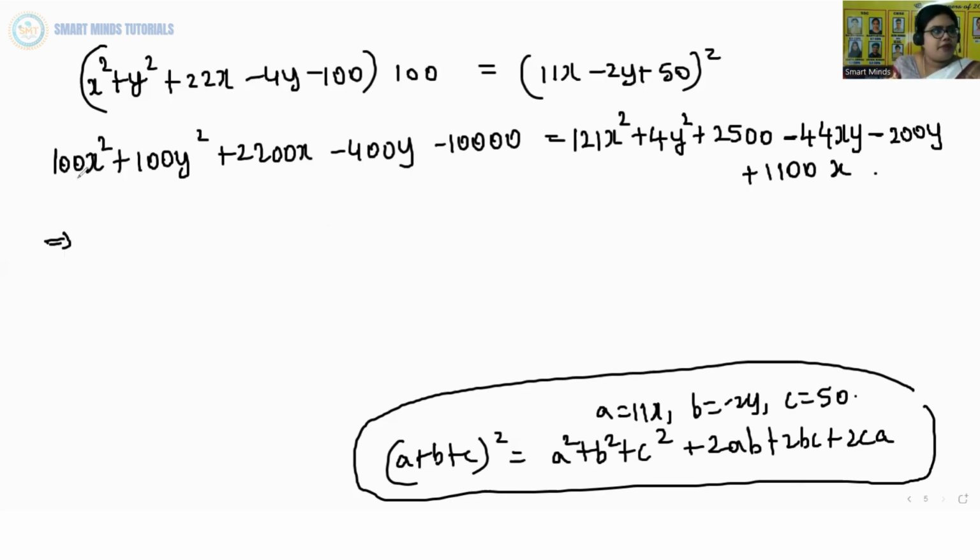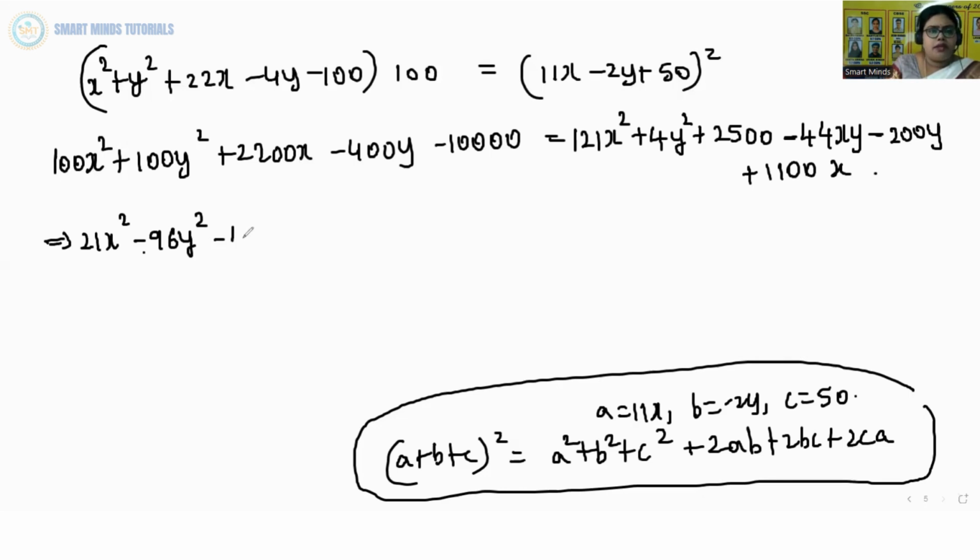So we bring left hand side to right hand side. So here you have 121x square, 100x square. So if I bring 100x square that side, it will become minus. So 121 minus 100 is 21x square. The same way 4 minus 100 is minus 96, so it is minus 96y square.